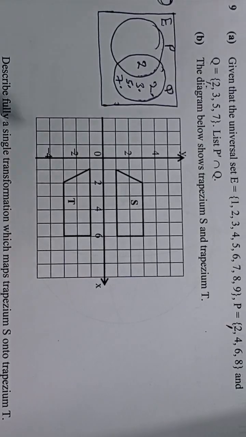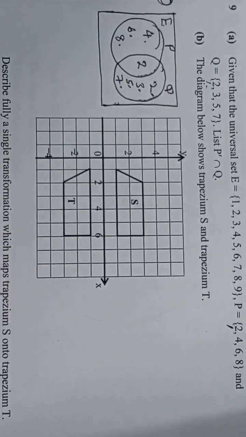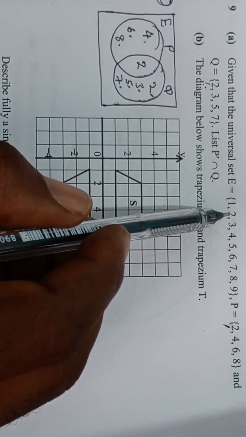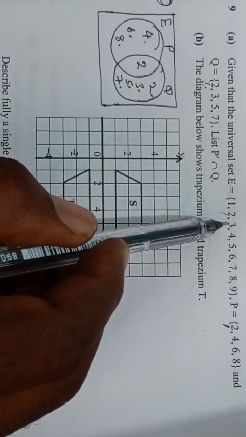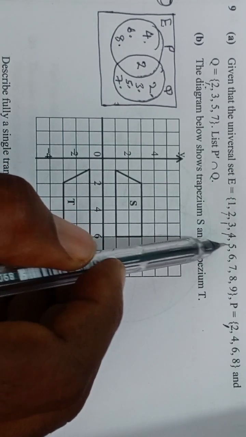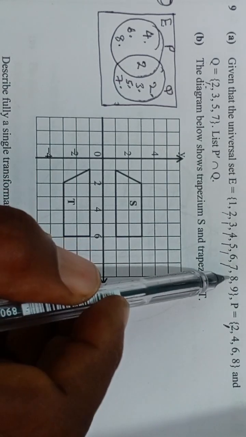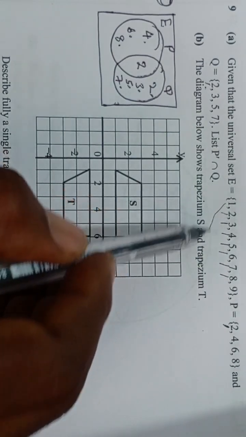For set P, we remain with 4, 6, 8. So from the universal set, 2, 3, 4, 5, 6, 7, 8, we remain with 1 and 9.